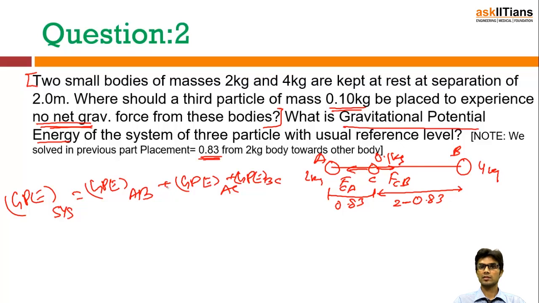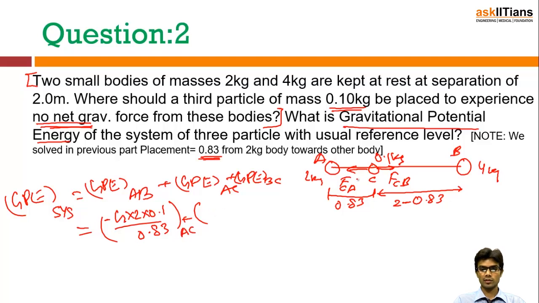These are the three cases we go through. The gravitational potential energy is equal to minus G m1 m2 by r. So minus G, where m1 is 2 kg, m2 is 0.1, and r is 0.83. This is the GPE for AC.